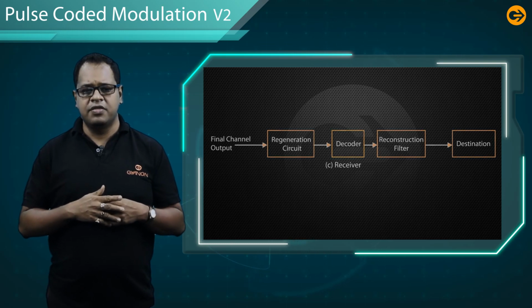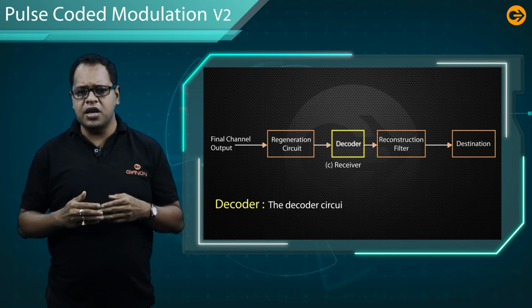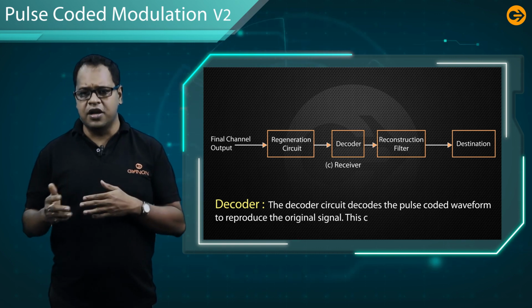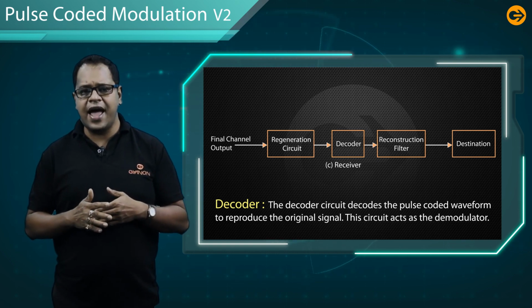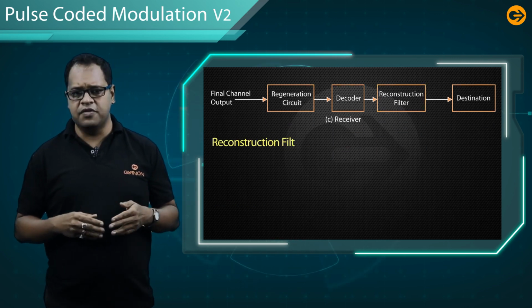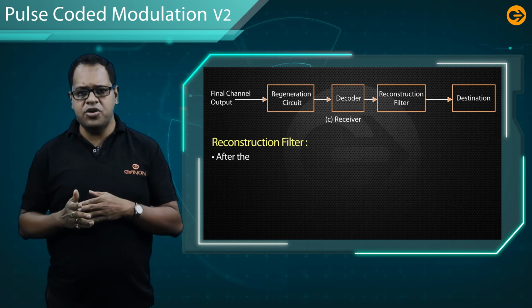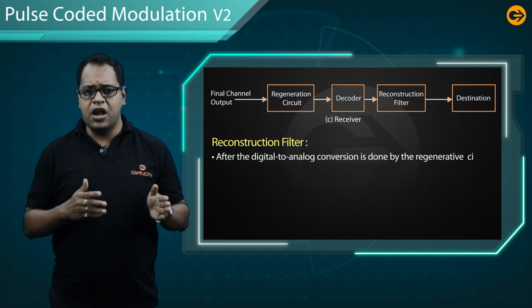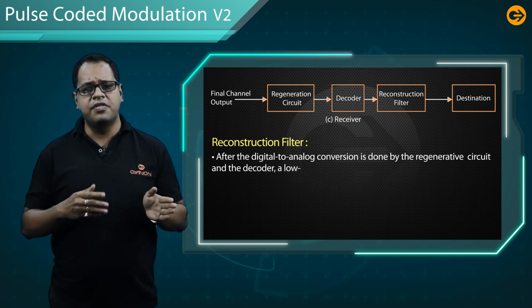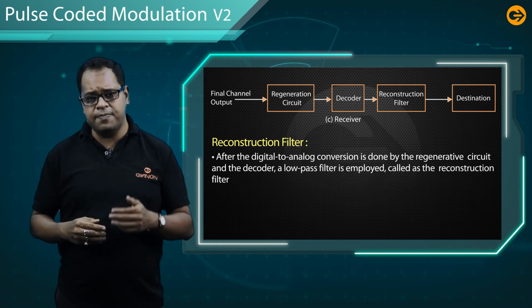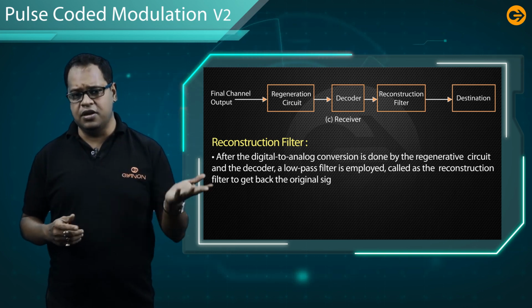Now let us discuss the decoder. The decoder circuit decodes the pulse waveform to reproduce the original signal. This circuit acts as the demodulator. Now let us discuss the reconstruction filter. After the digital to analog conversion is done by the regenerative circuit and the decoder, a low-pass filter called the reconstruction filter is introduced to get back our original message signal.